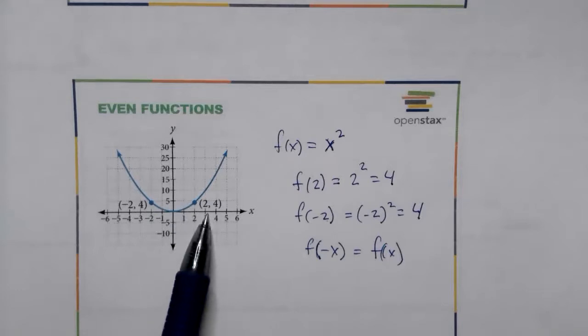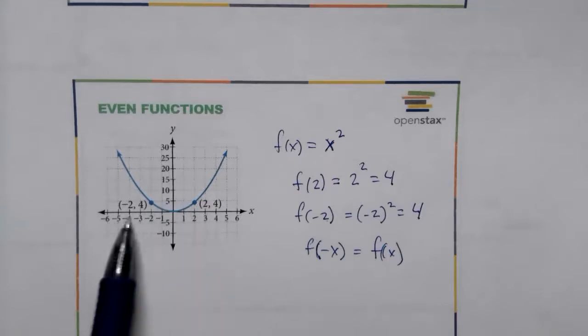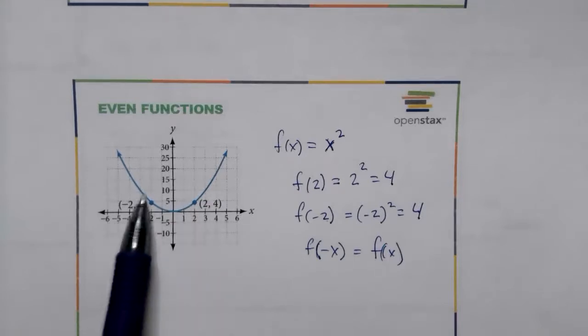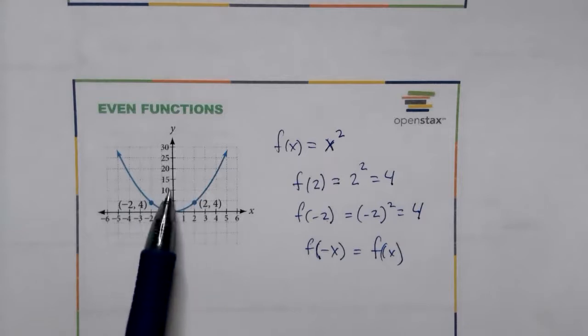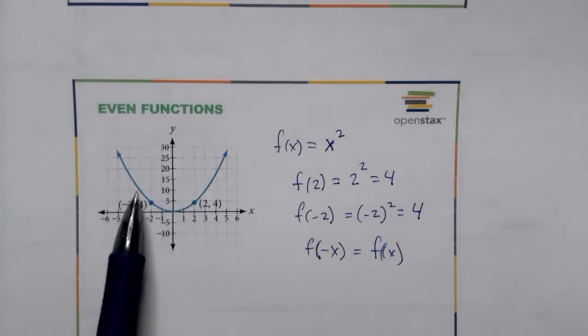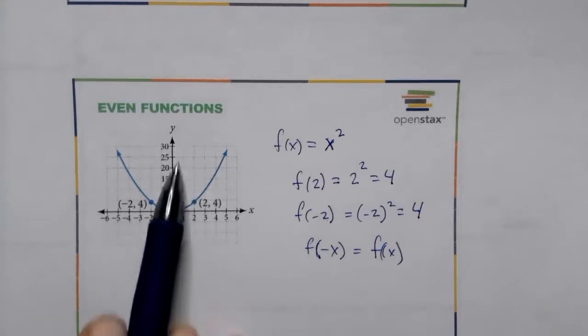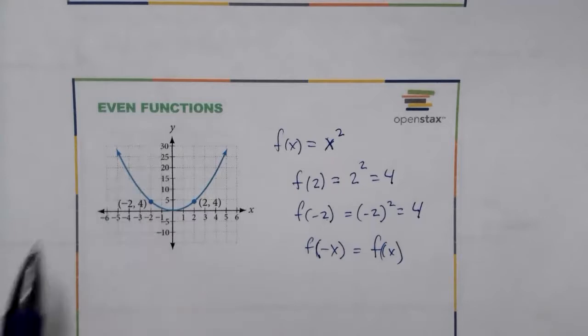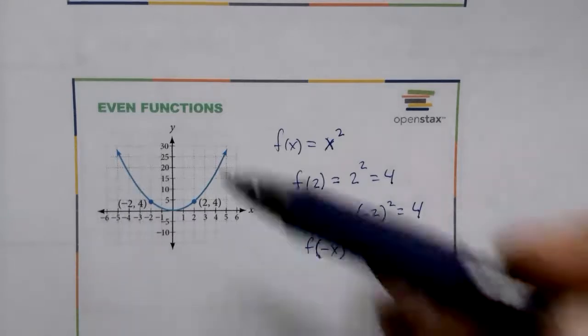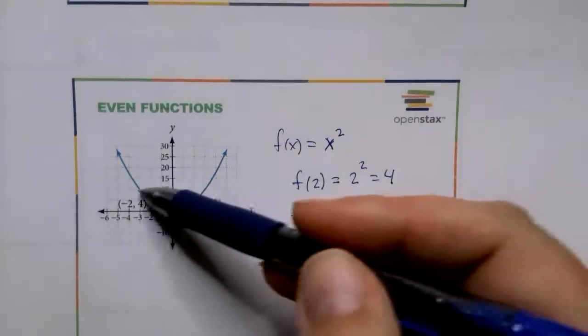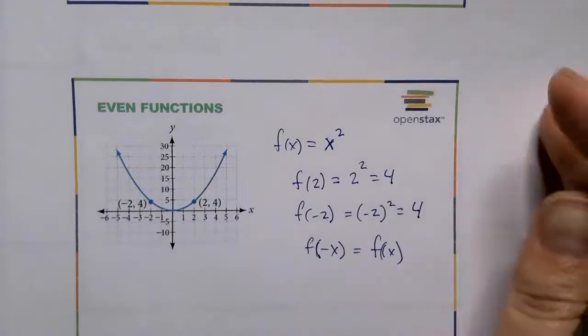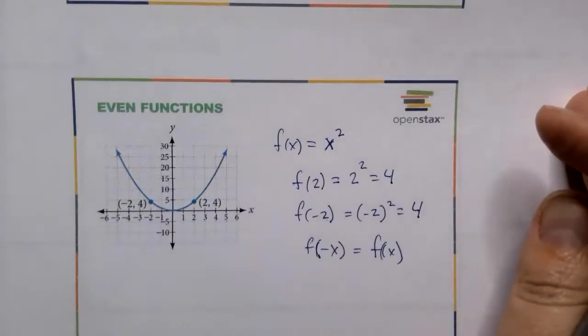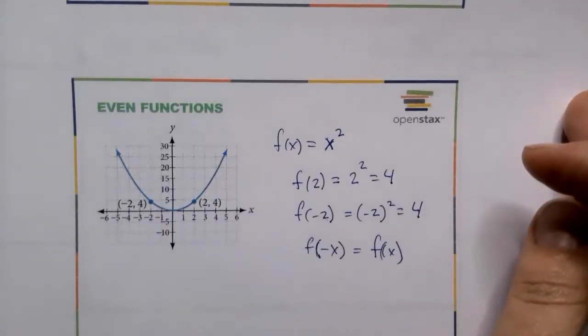Your positive 3 gives you the output of 9 and the negative 3 too. So these points are mirror images of each other across the y-axis. So your even functions are symmetric about the y-axis. That's how you can recognize them from the graphs.